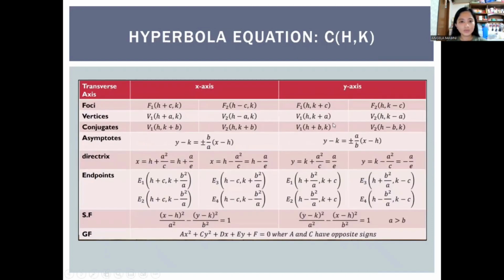So this is the summary of the hyperbola equation when the center is (h, k), meaning it is not (0, 0).